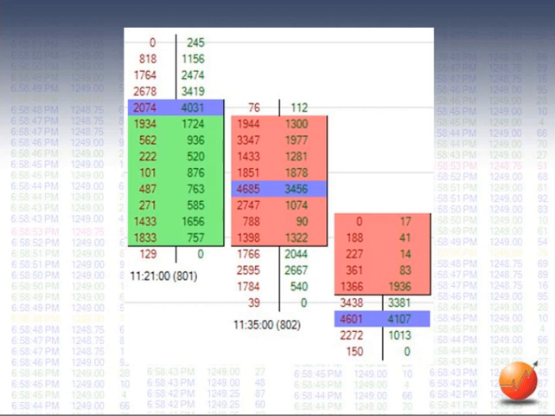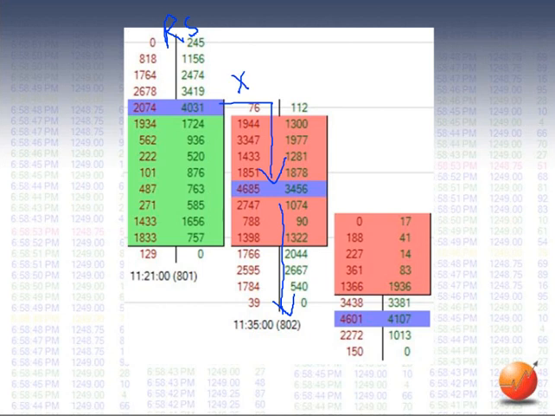Responsive selling up top. Sellers initiate trade. So if I didn't get it up here, actually, ooh.